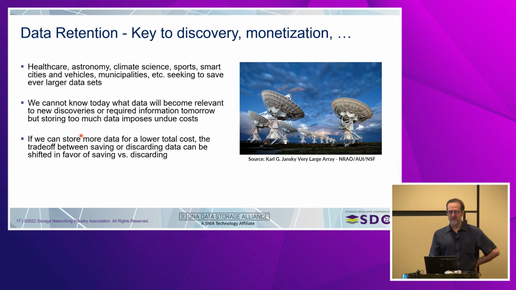So in all of this, data retention is kind of the key. This is what's changing. We're digitizing all this data, and to either discover new things in the data or to monetize the data. Fields like healthcare, astronomy, climate science, sports.